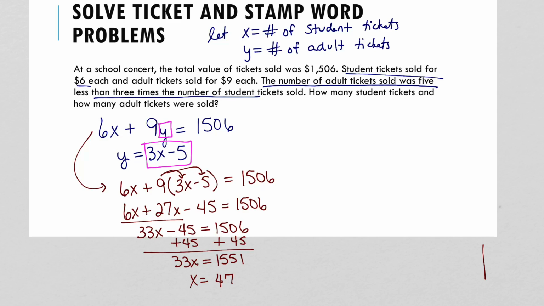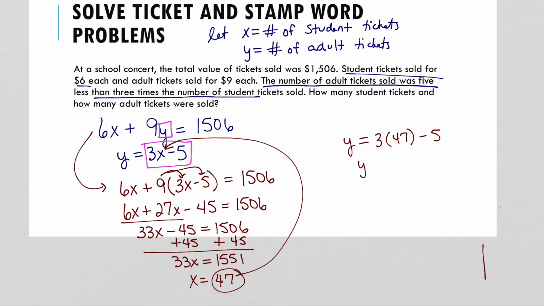So now I want to take this 47 and place it in here for x. So y, or my adult tickets, is equal to 3 times 47 minus 5. So 3 times 47, 141. So y is equal to 136. So what does that mean? That means 136 adult tickets and 47 student tickets.